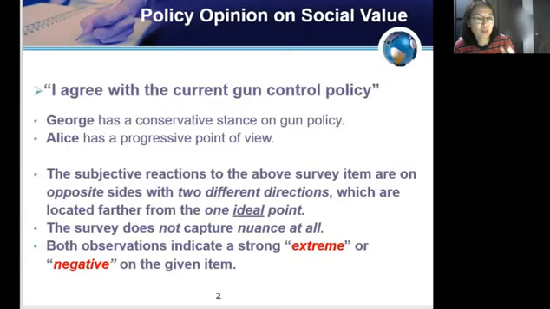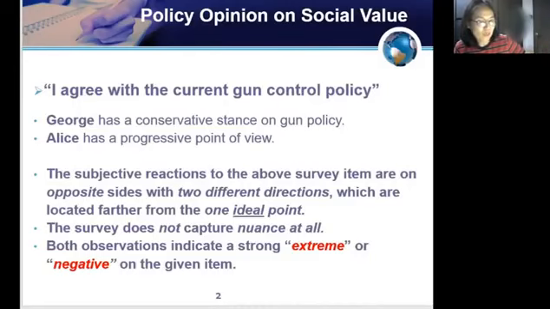For example, George is a respondent who has a conservative stance, and he believes guns should not be controlled in principle, according to the Constitution. In contrast, Alice is a progressive educator, and she believes a series of firearm accidents are considered a serious social problem.